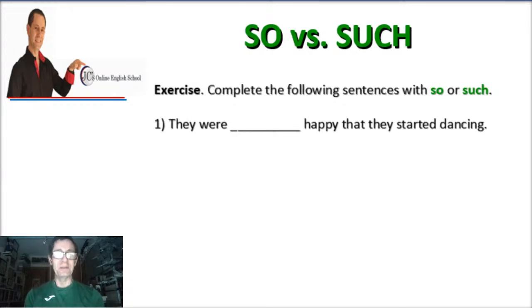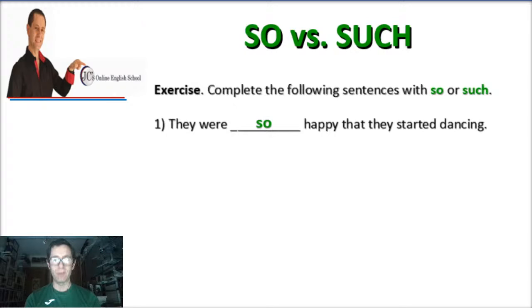Number one: they were happy that they started dancing. Hi there, very good. But don't forget the number one. Anyway, you wrote the whole sentence, so that's okay. Hi there is right. They were so happy that they started dancing. So is totally right.